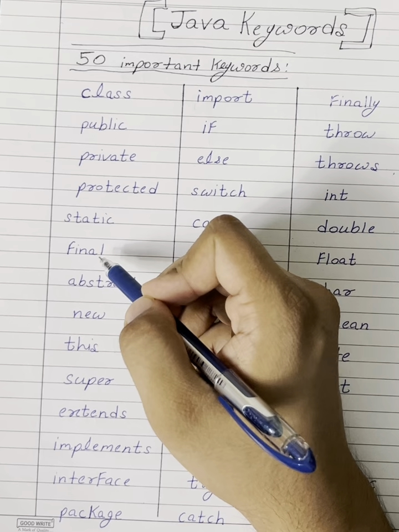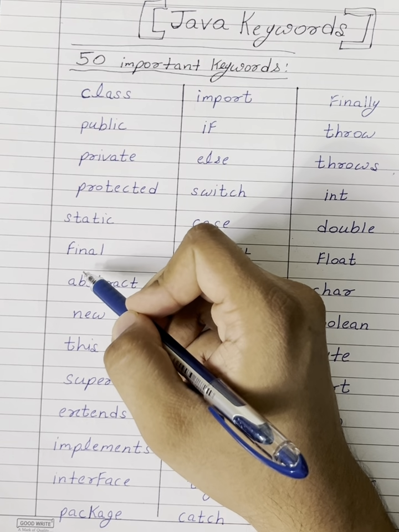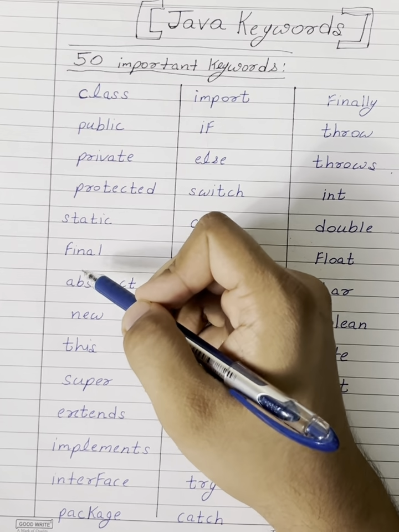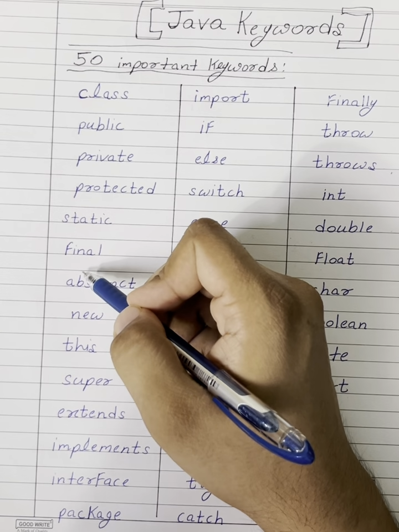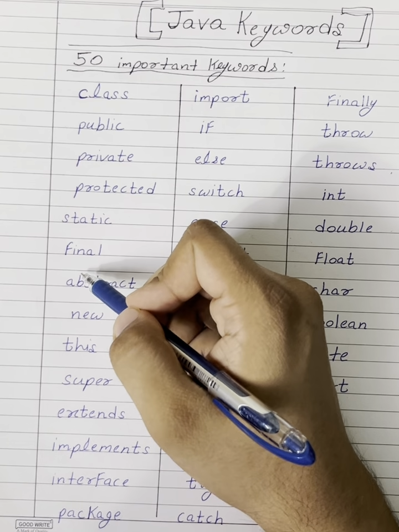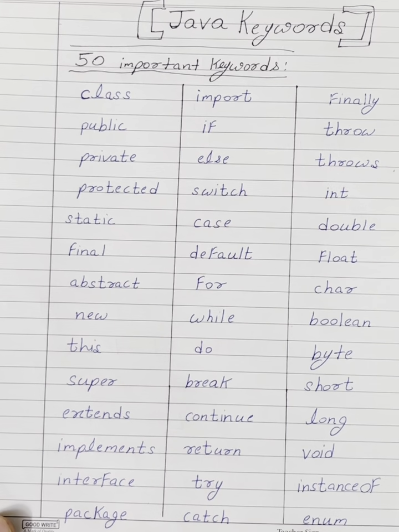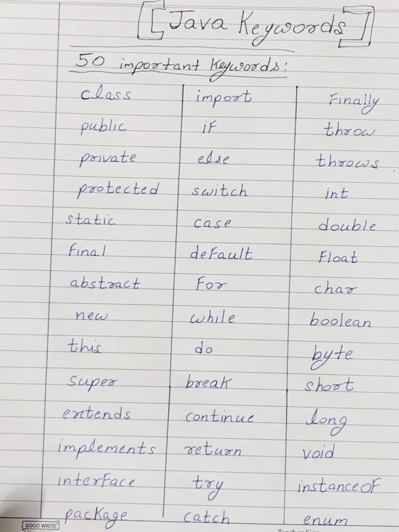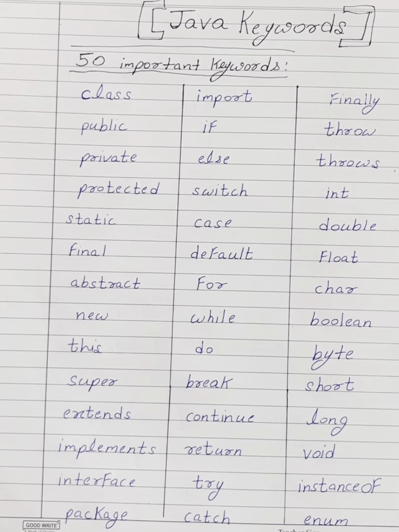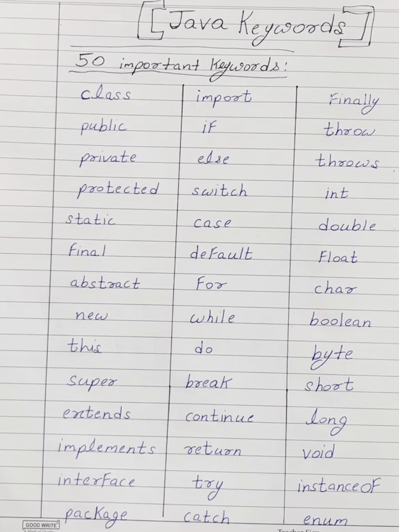So next is the final keyword, guys. Final keyword is used to restrict modifications in Java, and when it is applied to a variable, it makes the variable constant, which means its value cannot be changed after initialization.